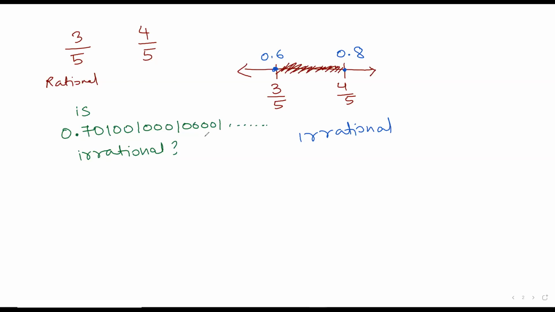Veer, are you able to hear me? Okay, so this is an irrational number, and Mridula, does it lie between 0.6 and 0.8?